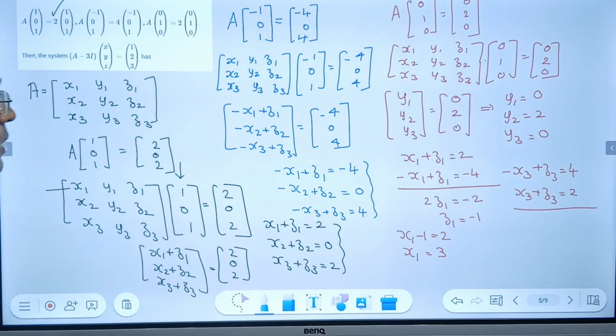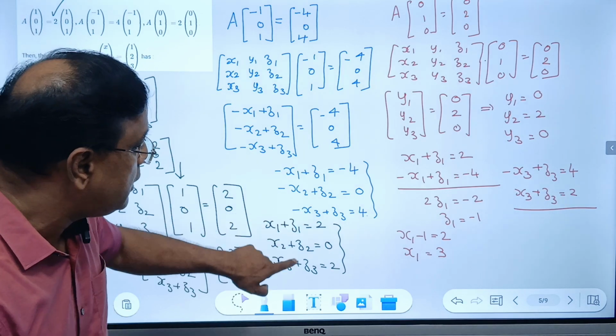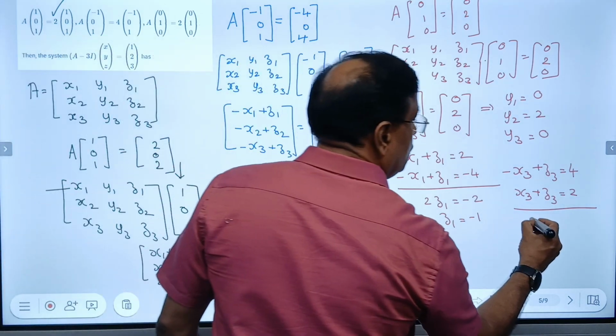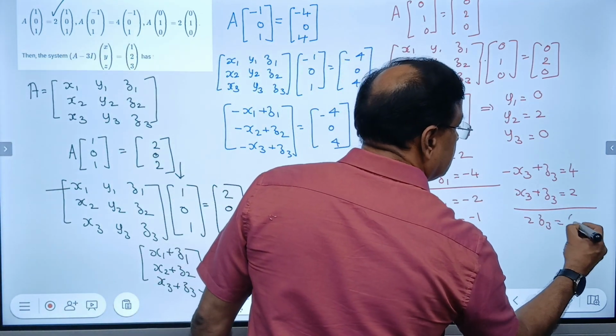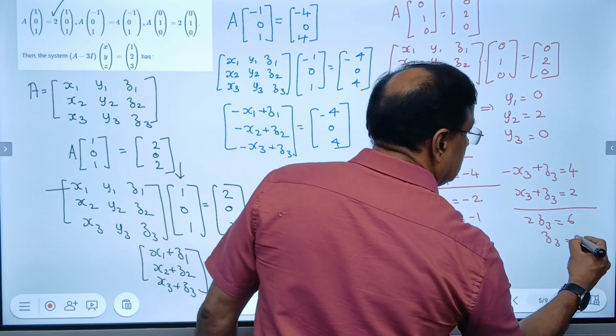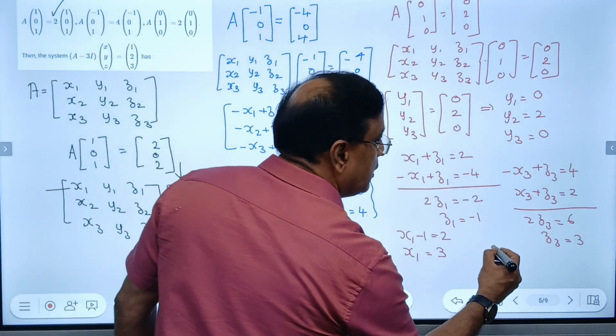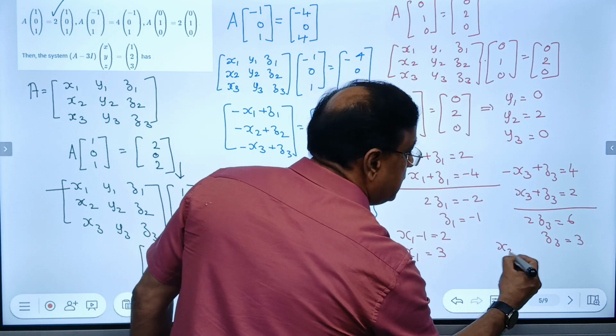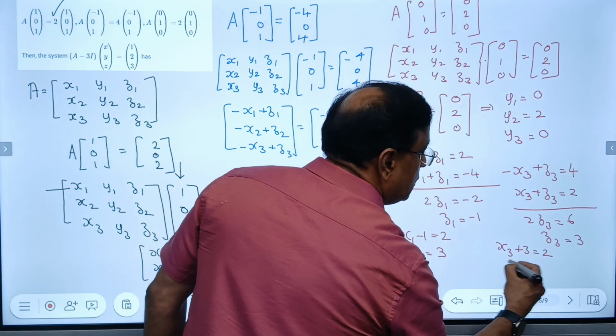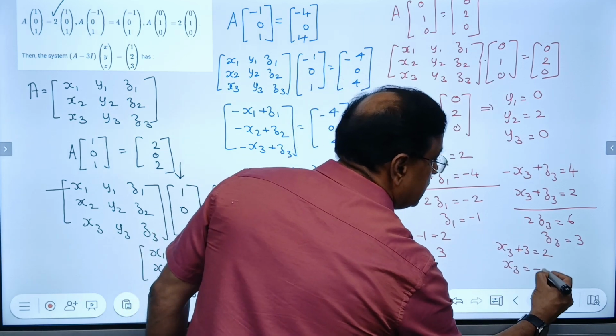I take this equation and this equation, and I get 2z3 equal to 6, z3 equal to 3. If z3 is 3, what do I get? I get x3 plus 3 equal to 2, so x3 equal to minus 1.